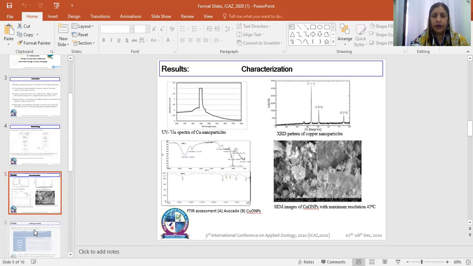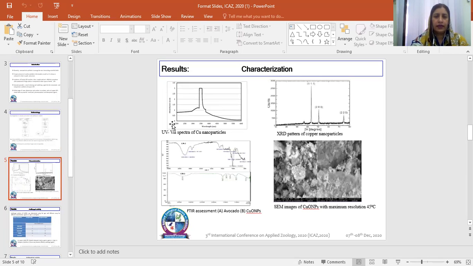Here are the results, the characterization of the copper nanoparticles by UV visible spectroscopy and XRD. Here is the XRD pattern of the copper nanoparticles, and there is the FTIR assessment.